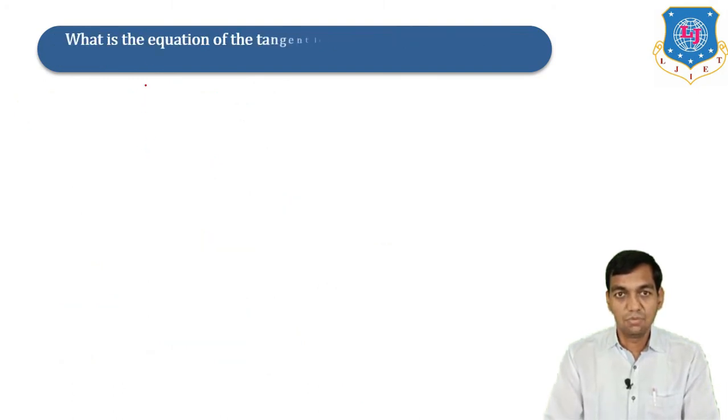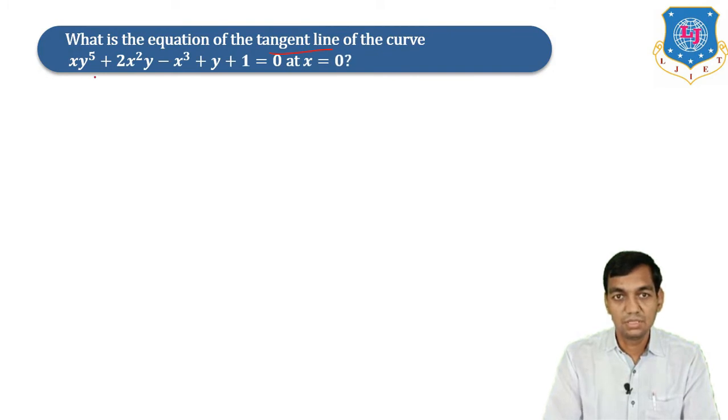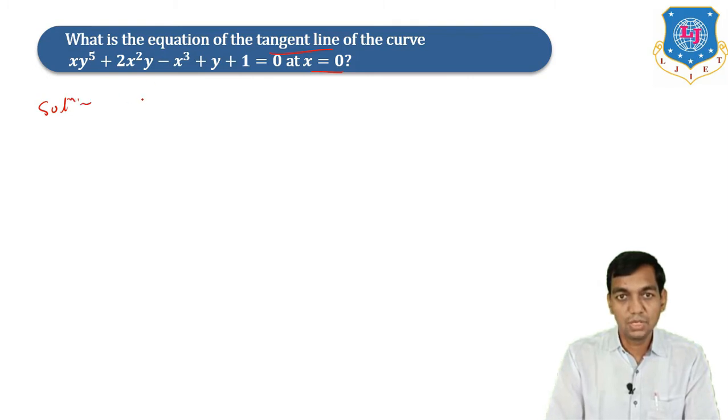In the same manner, what is the equation of a tangent line of this curve at x is equal to 0? Now first of all, you have the equation x y raised to 5 plus 2x square y minus x cube plus y plus 1 is equal to 0.